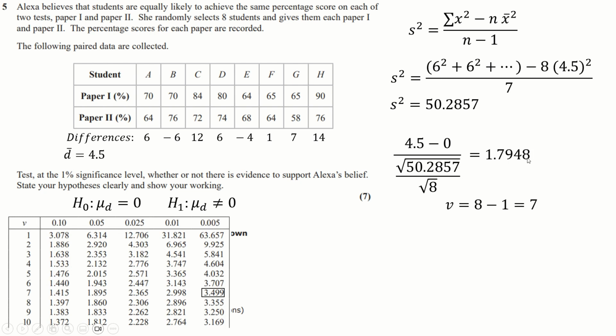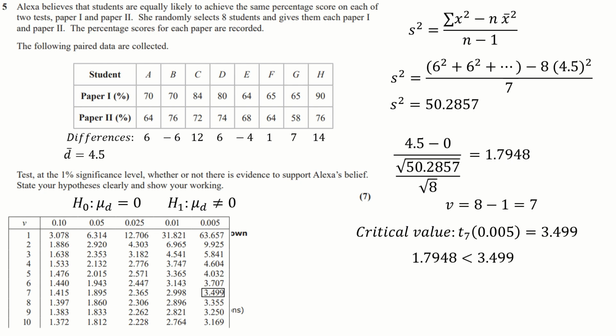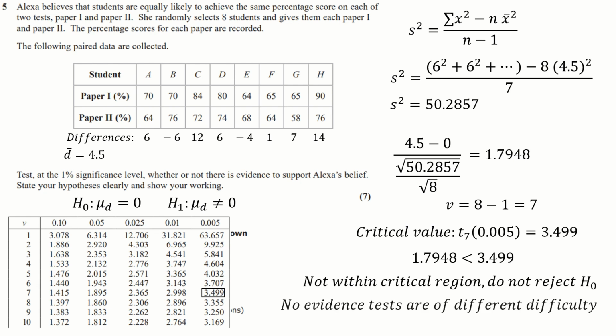And then we're going to measure that against this value, 3.499. But of course, this value is significantly less than that, so it's not in the critical region. And therefore, we are going to accept H naught, and we think that Alexa is probably correct, that there is no evidence that the tests are of different difficulty. Again, writing in some context just to make sure we absolutely definitely pick up the final mark there.